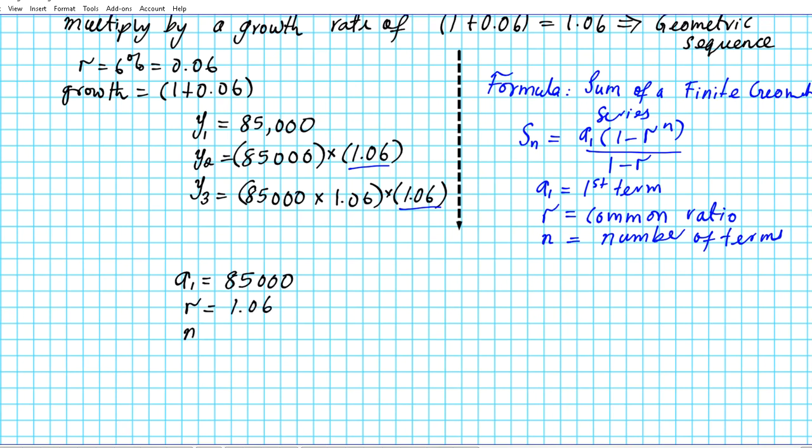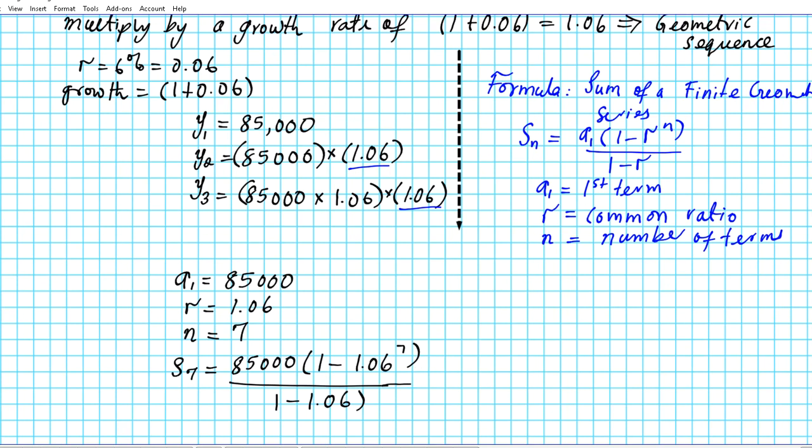The number of terms is 7. So S sub 7 is what we're looking for. Using that formula, it's 85,000 times 1 minus 1.06 raised to the 7th power, divided by 1 minus 1.06.